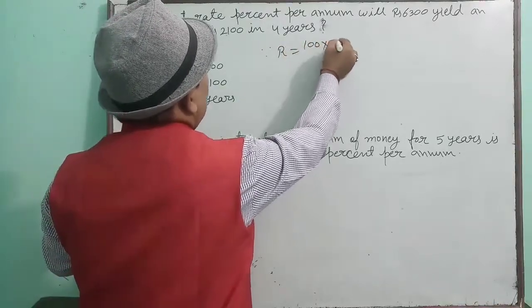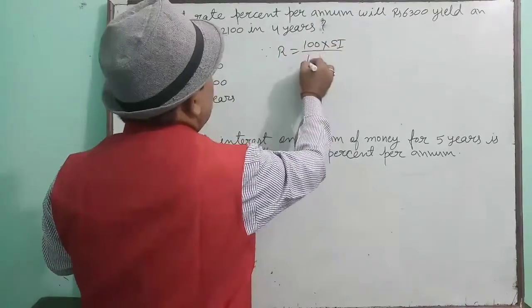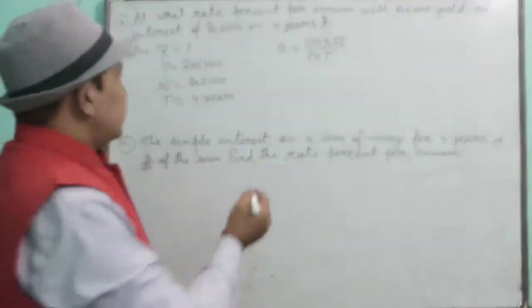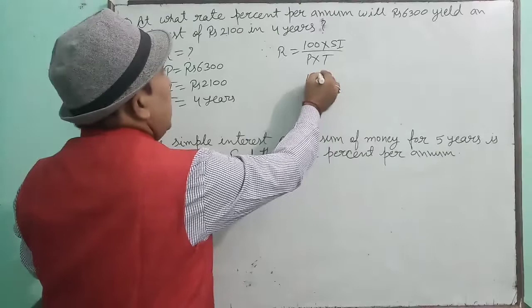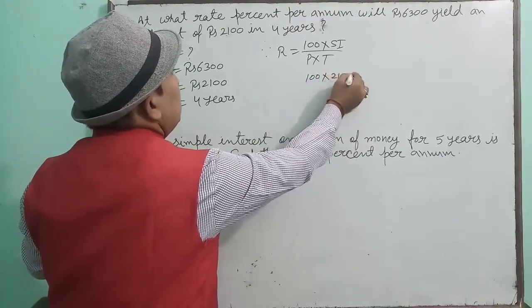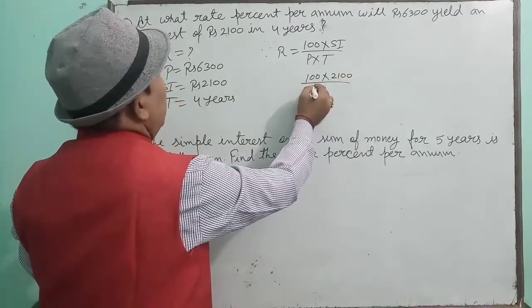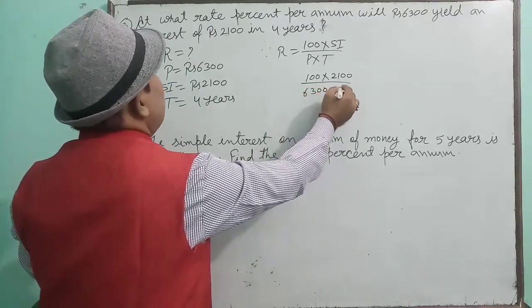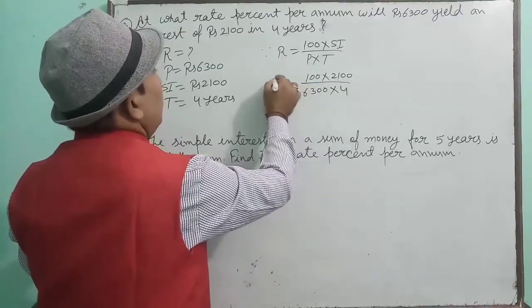Rate is equal to 100 into simple interest upon principal into time. Now put the values. 100 into 2100 upon 6300 into 4.